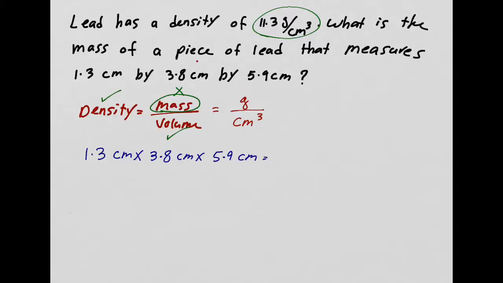So far so good. Now, if I do that, what I end up getting is 29.146. I'm not going to worry about rounding until the very end. We don't round until the very end.